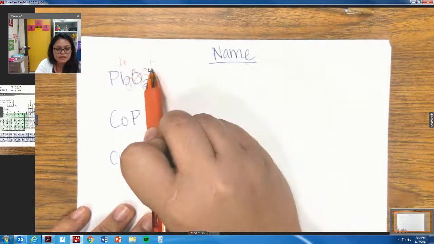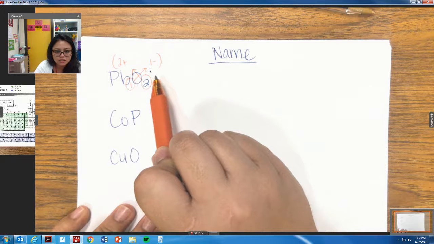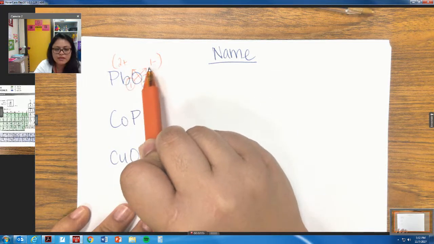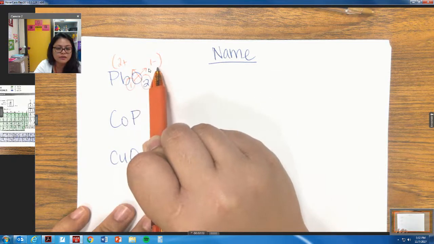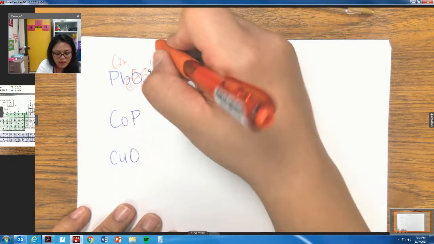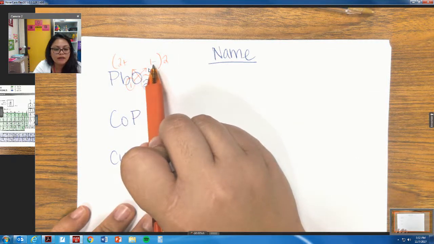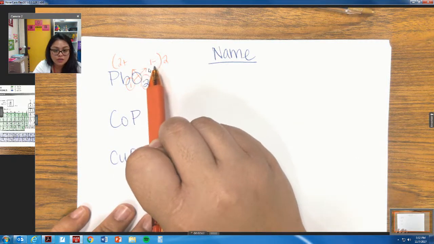Because they're not correct, we need to multiply both charges so that our anion has the correct charge. Since it's -1, we need to multiply it by 2, so that way oxygen can have the correct charge.